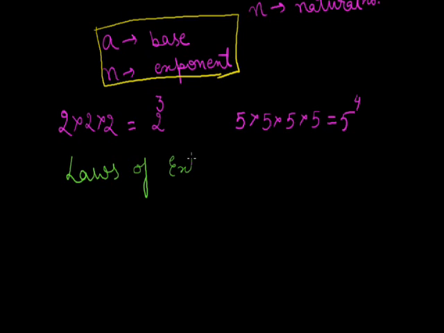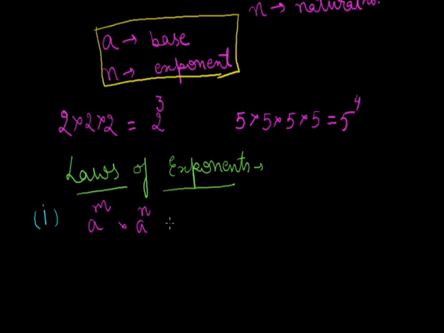certain laws of exponents. The first basic law of exponent is a raised to m multiplied by a raised to n. In this case, we observe that both the bases are same, that is a.